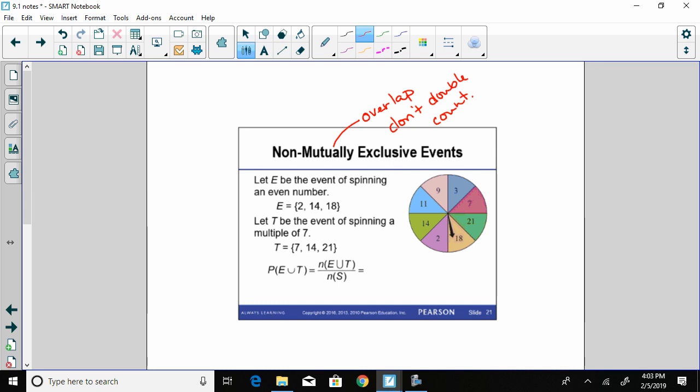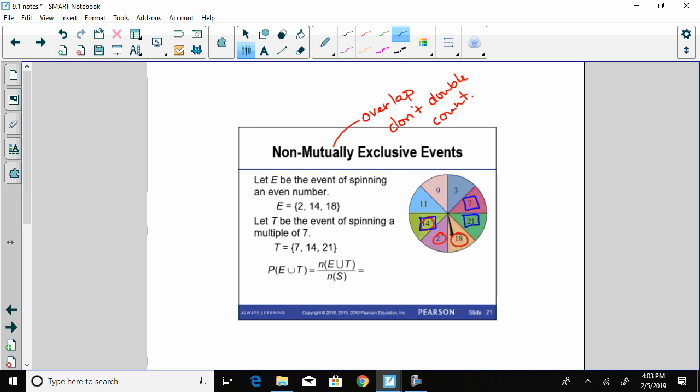We've got all these numbers on there. Let E be the event of spinning an even. So 2, 4, and 18 are the only evens that I have on there. Okay, and then let's say I have T be a different event, and it's the multiples of 7. So I'm like, okay, I want all the multiples of 7. So 7, 14, and 21. And in the process of doing that, you notice that I have an overlap.